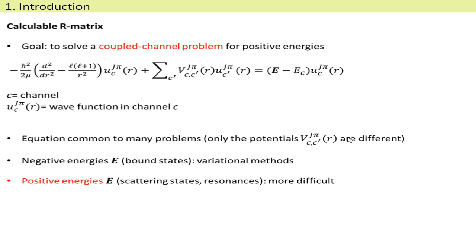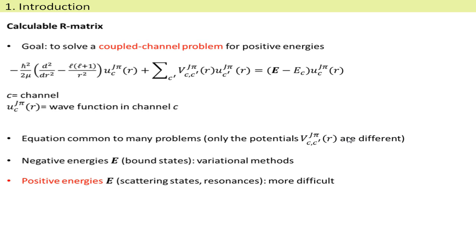It's in the Hamiltonian, in the Schrödinger picture, where you neglect all relativistic effects. So you have here a set of coupled equations. C here is an index for the channels. You have the energy of the process, the energy of each channel, and a coupling potential. And so this equation is common to many problems, and the only difference is V_CC', the coupling potentials.